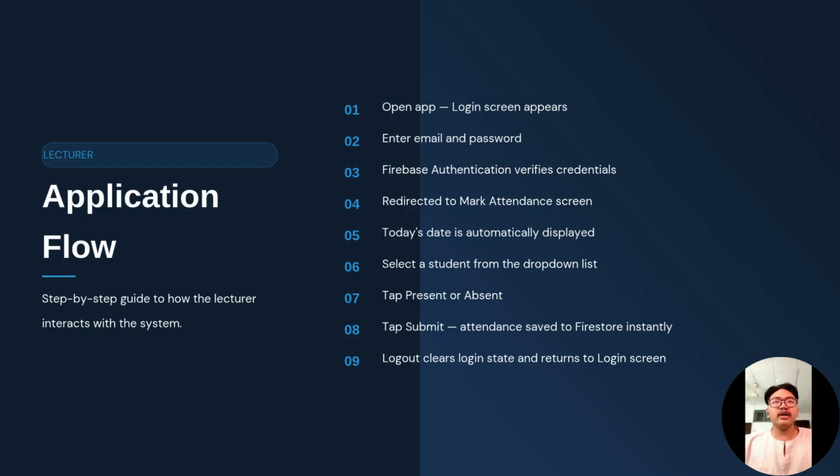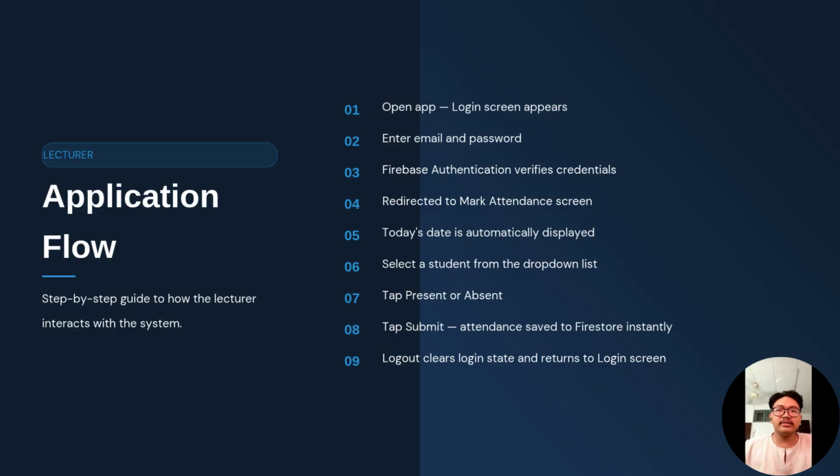Next, I will explain the application flow for the lecturer. Firstly, the lecturer opens the app and the login screen appears. Then they enter their email and password. Firebase Authentication verifies the login credentials, and once successful, the lecturer is redirected to the mark attendance screen. The system automatically displays today's date.